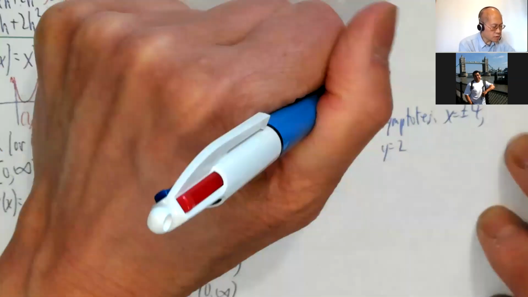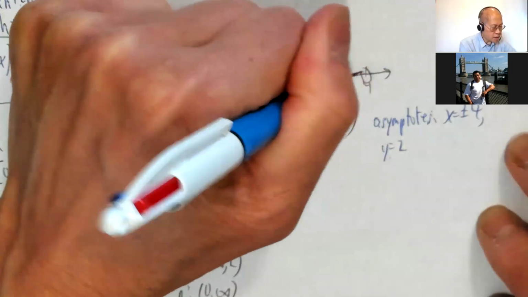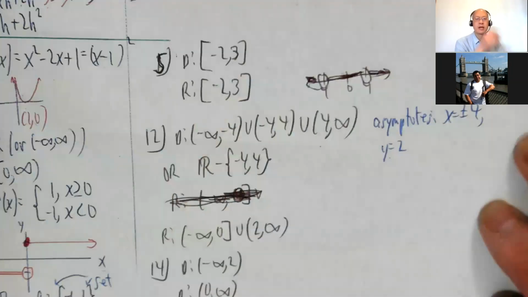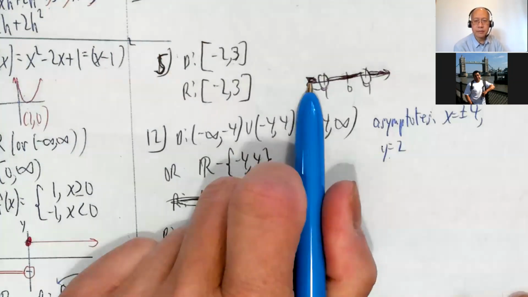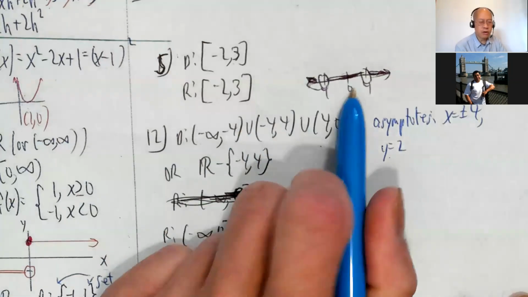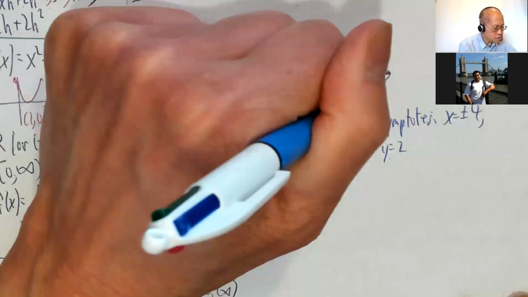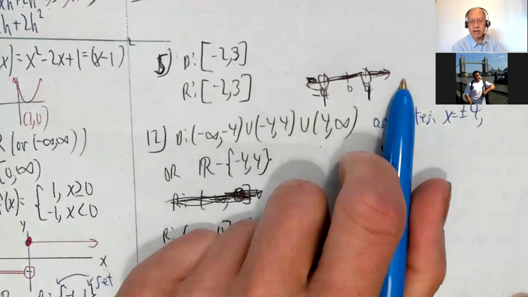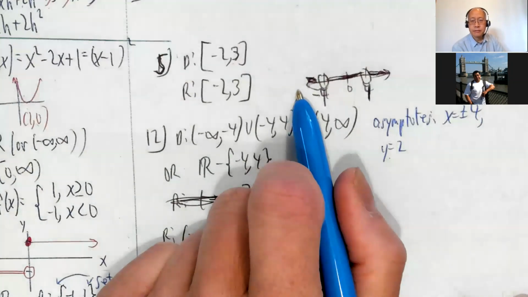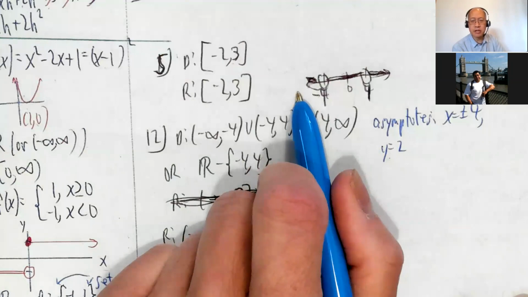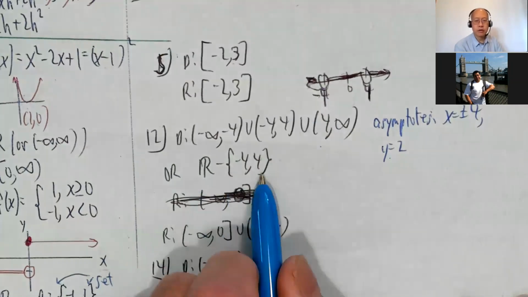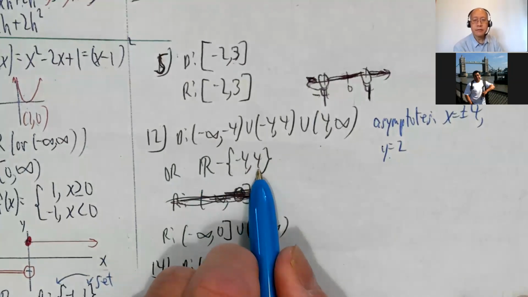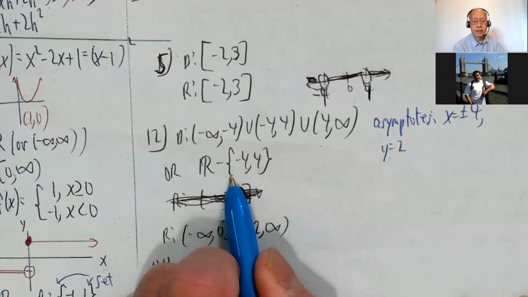Open circle, shade, shade, shade. This says -infinity to -4. That's that. Union -4 to 4. Union 4 to infinity. Which is true, but that's very clumsy in my opinion. It's a lot easier to just say this. Give me all the real numbers, throw out -4, throw out 4. So I actually prefer this. This is much more clumsy.